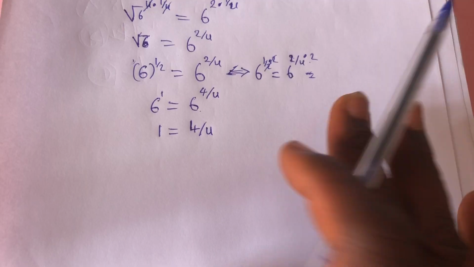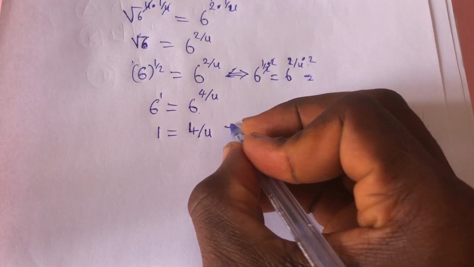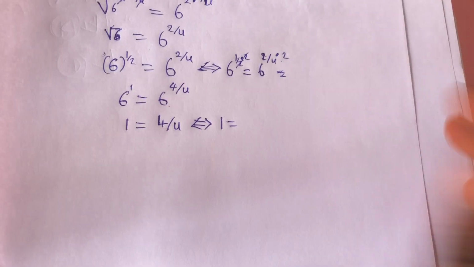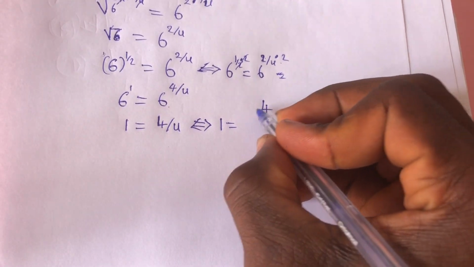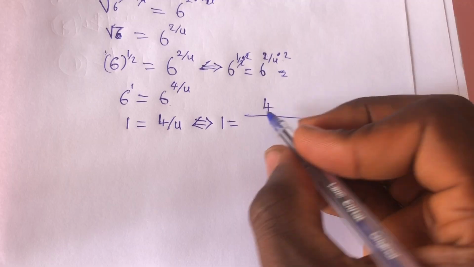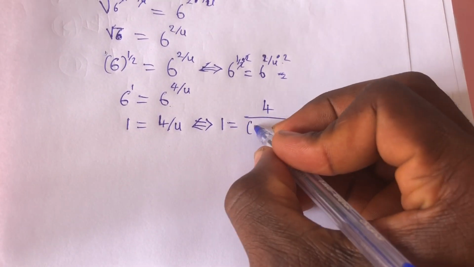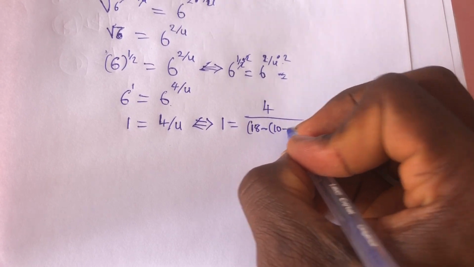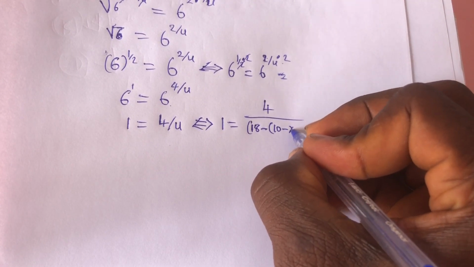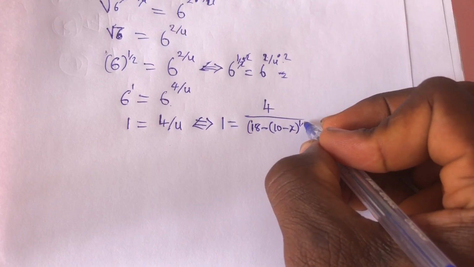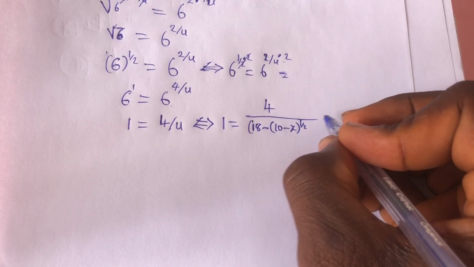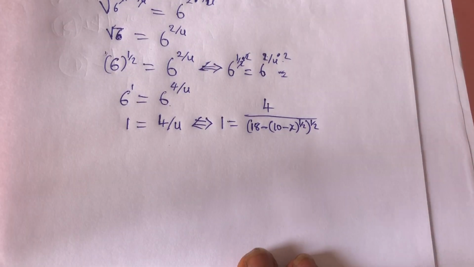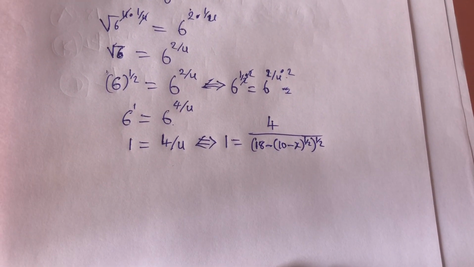So this is the same thing as 1 is equal to 4 divided by 18 minus 10 minus x raised to the power 1 over 2, raised to the power 1 over 2. So that is it.